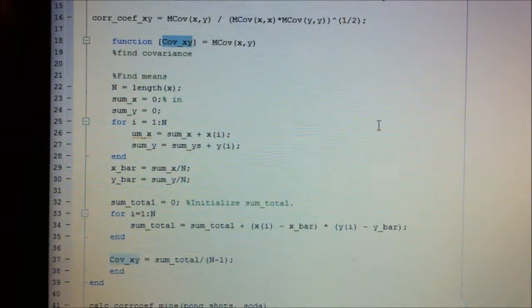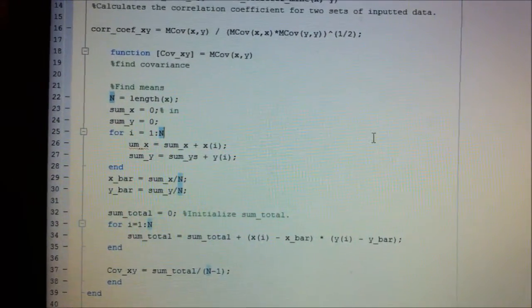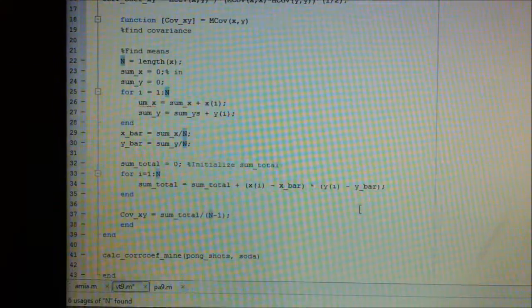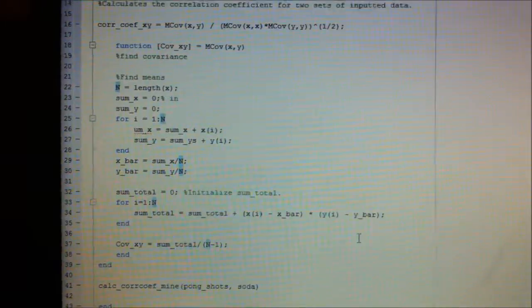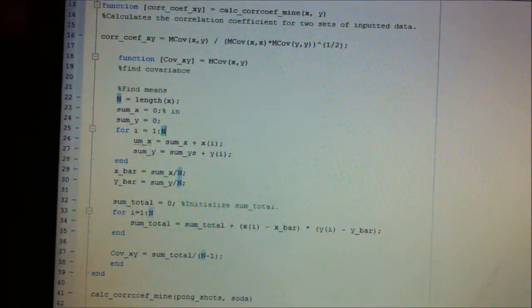This is a way to calculate the correlation coefficient without using intrinsic MATLAB functions.